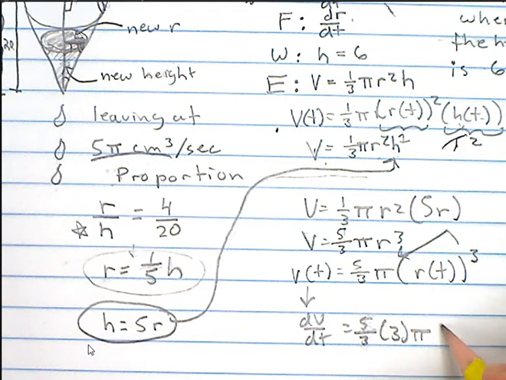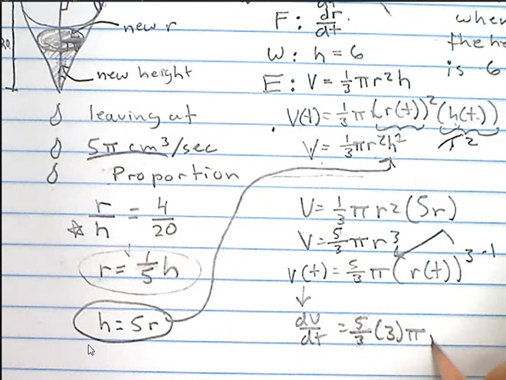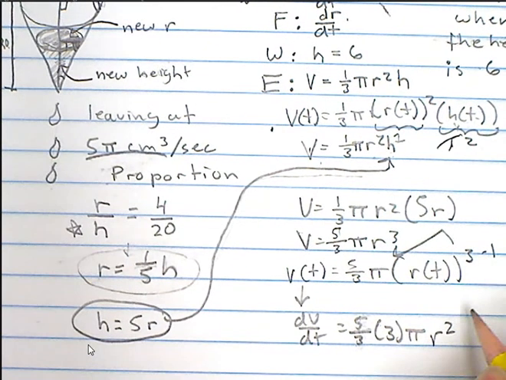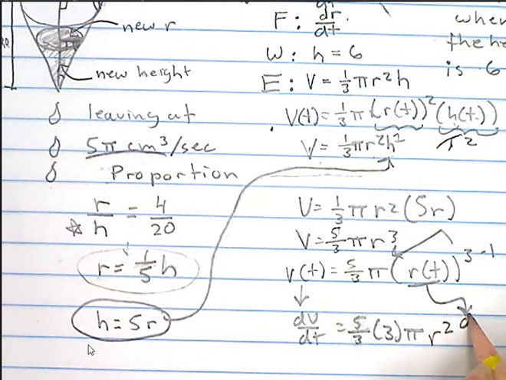Then you got r minus 1, so now it's r squared. And now you take the derivative of the inside, dr dt. Okay? Alright, so there you go.